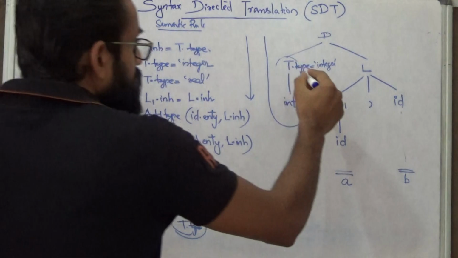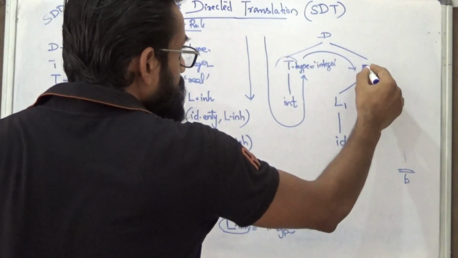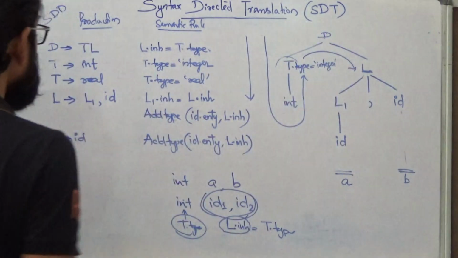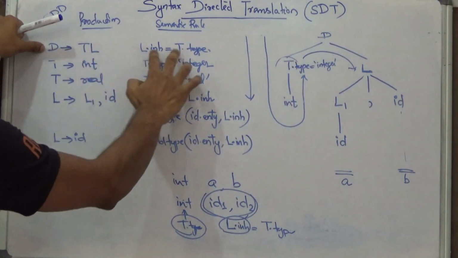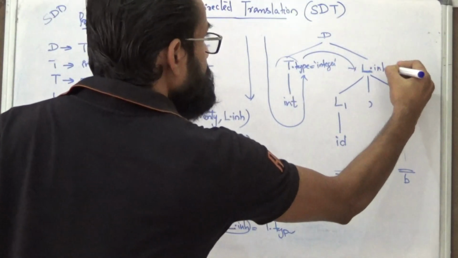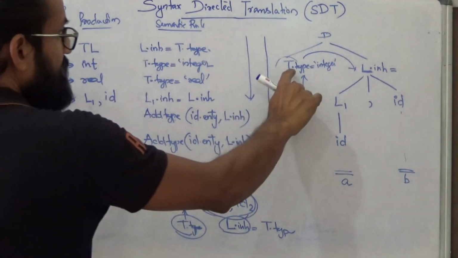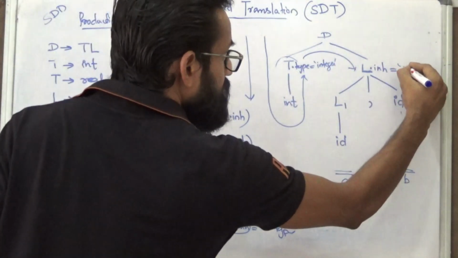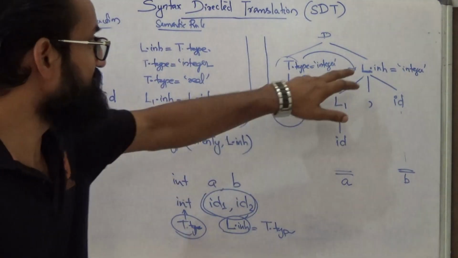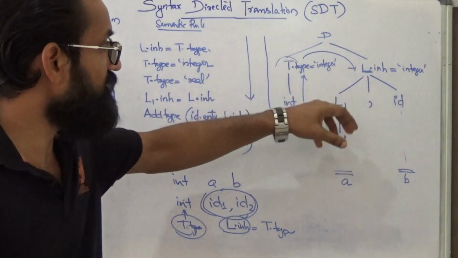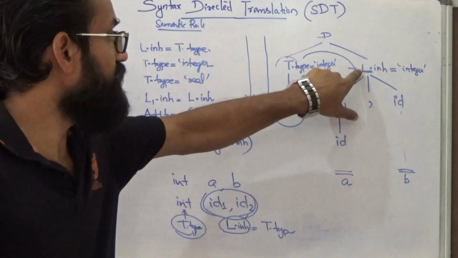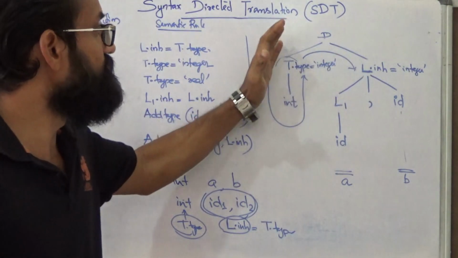Now when it moves from left to right, whenever it reaches L, it will identify the reduction D giving TL. The semantic rule is L.inh equal to T.type, that is integer. If you consider this process, this attribute is not getting the value from its children. This attribute gets the value from its sibling.